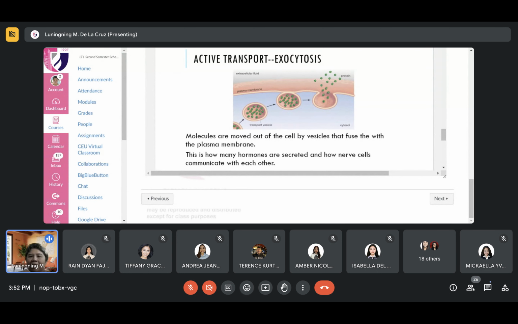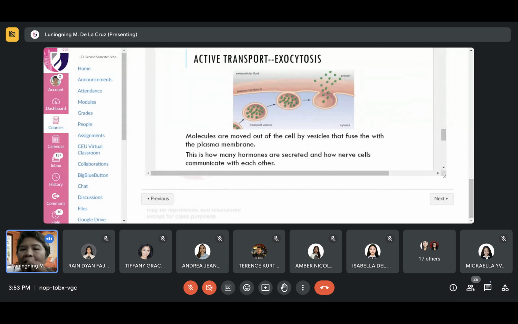Now, in that synapse, the electrochemical substance from this one will be released, and then it will fuse with the plasma membrane of the next neuron.